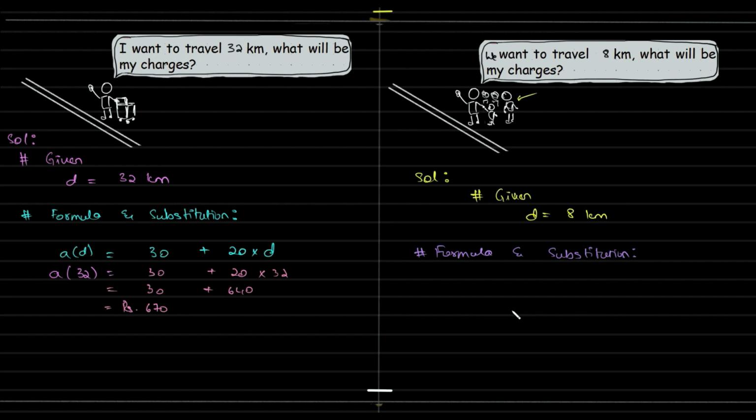The formula being A of d is equal to 30 plus 20 into d, and in place of d I'm going to write 8. So this is nothing but 30 plus 20 into 8. As per BODMAS, multiplication first: 160, and this is 190.